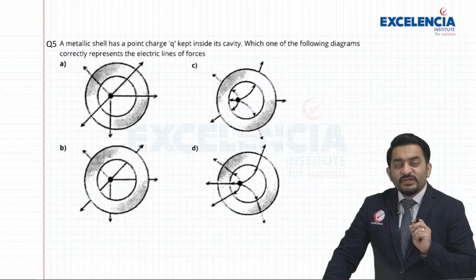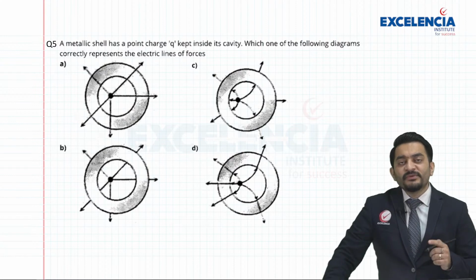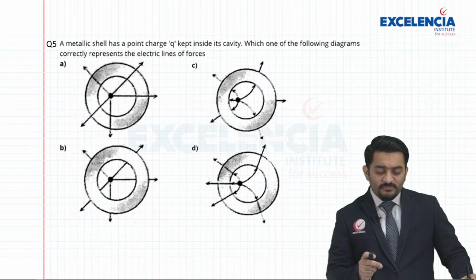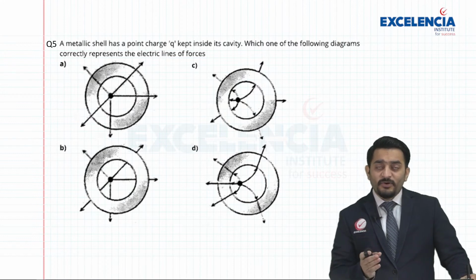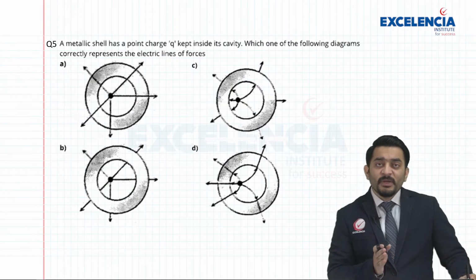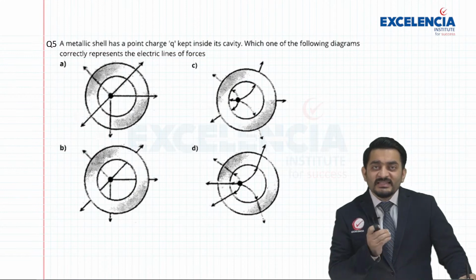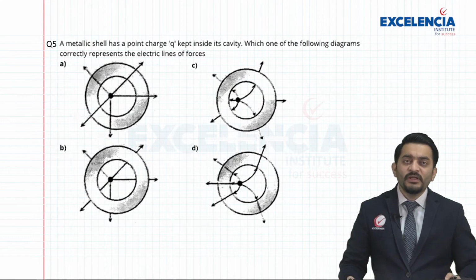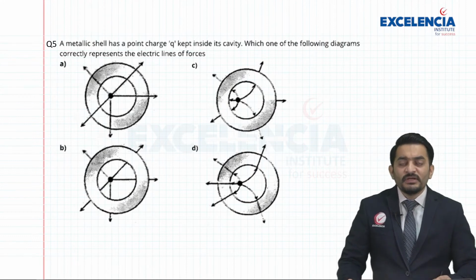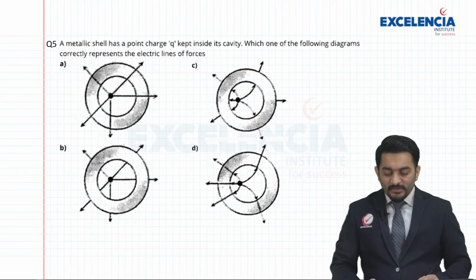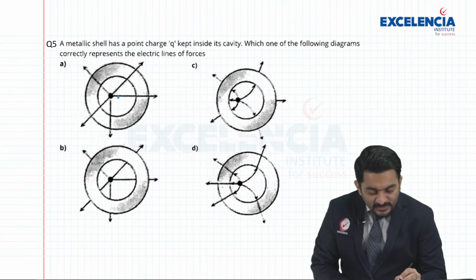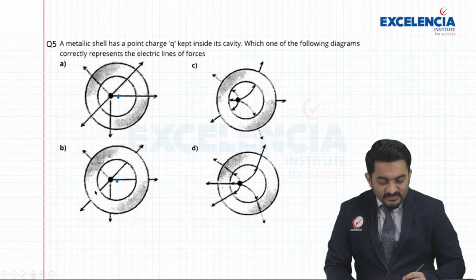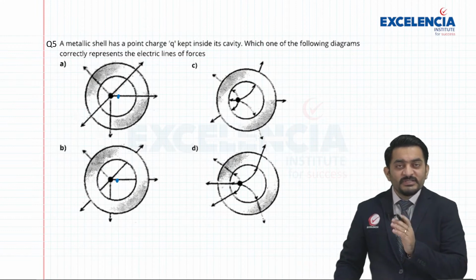One thing you need to understand: first of all, discard whichever options you can. Definitely I can discard one or two options simply by looking at the diagram, because if my charge were exactly at the center, my electric field lines would appear radially outward, and they would meet the surface perpendicularly. But the charge has not been kept exactly at the center; see, this is the exact center of this shell. The charge has been shifted from the center.